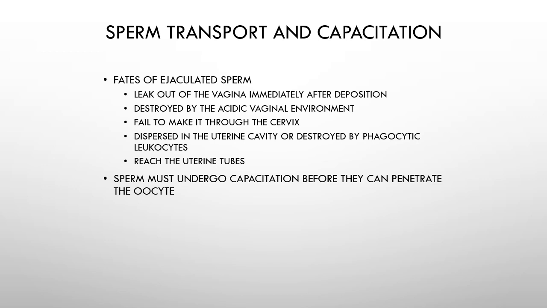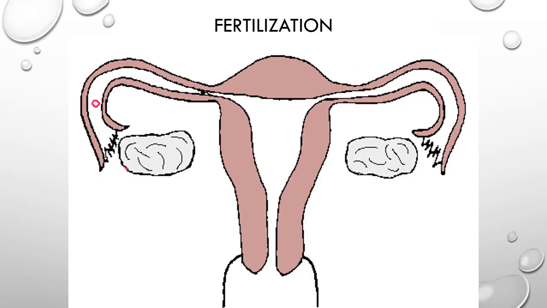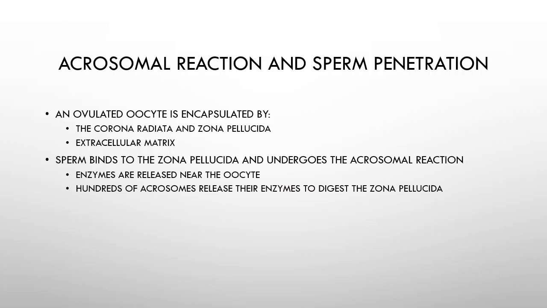Once the sperm actually does find the oocyte, then we have the potential for fertilization. And then it's going to come down and implant into the uterus after that fertilization has occurred. But for fertilization to actually happen, again, the head has to be able to get into the oocyte.